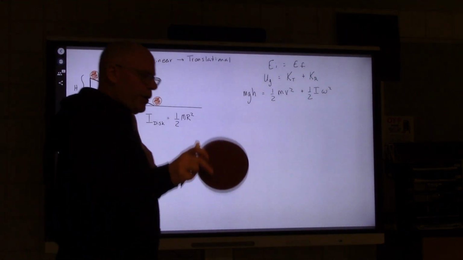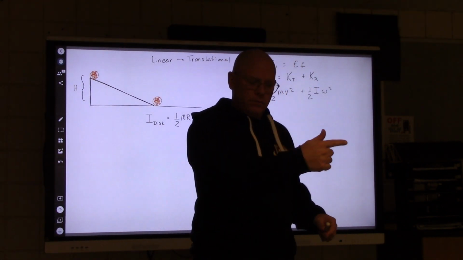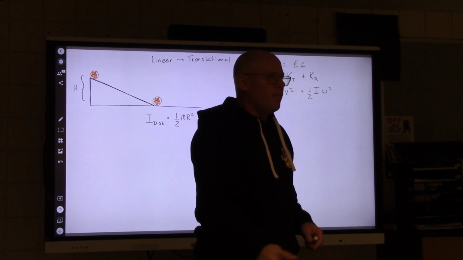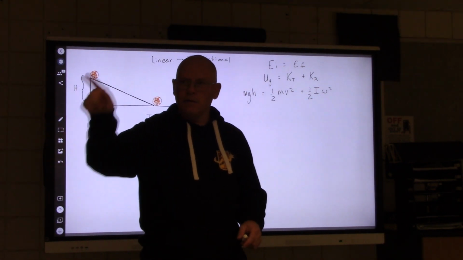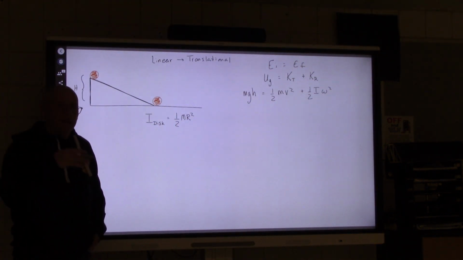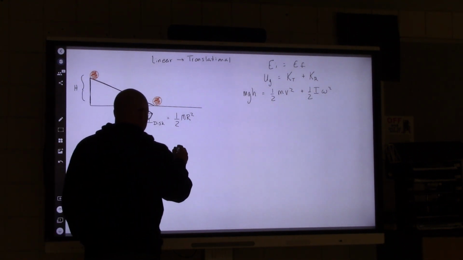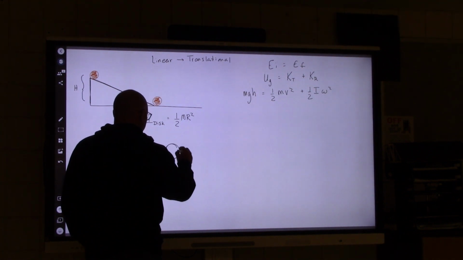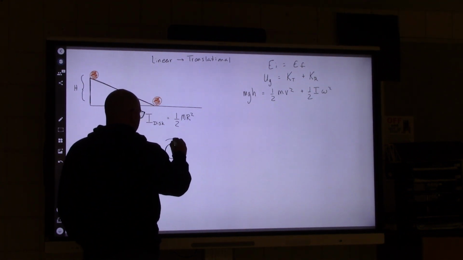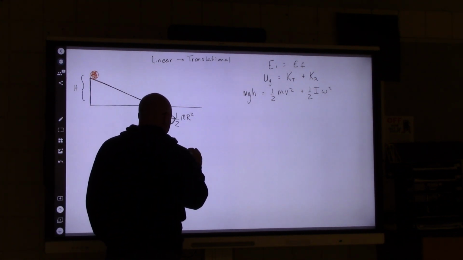Also, if you watch something roll, is it moving? Yes, it has some velocity, true, but is it also moving this way? Yeah. So it has both angular velocity and linear velocity, or translational velocity, true? Well, we have a relationship between those two things. So if you're watching an object roll, it's going this way and going this way. The center of mass of the object has speed v.